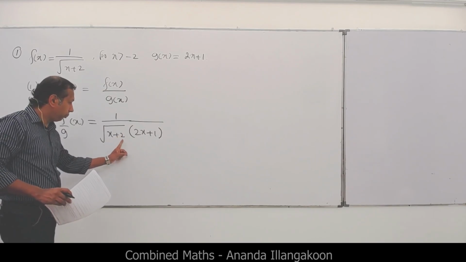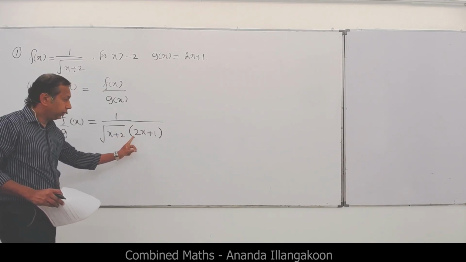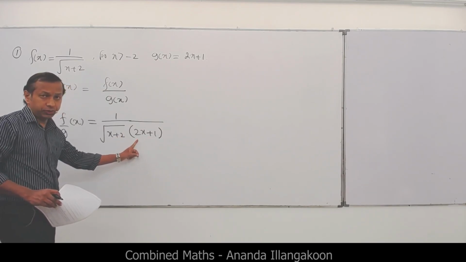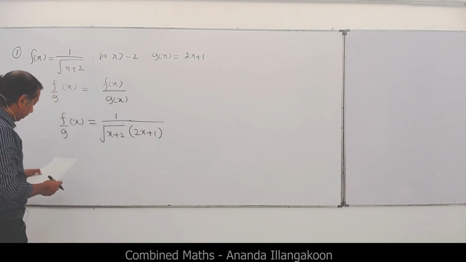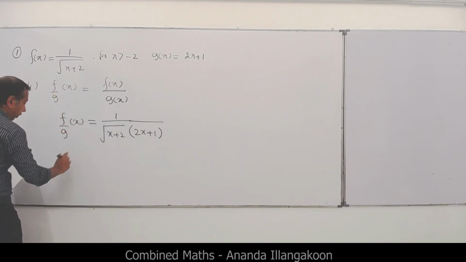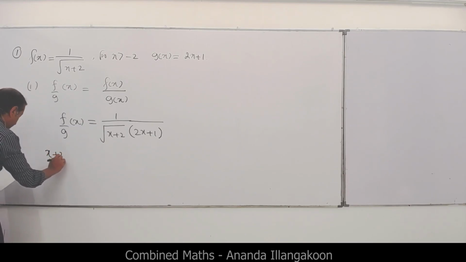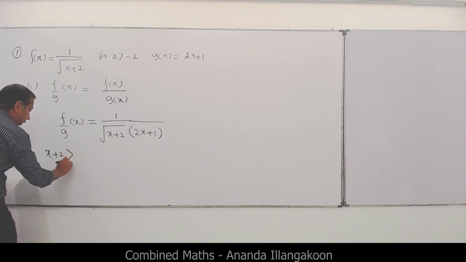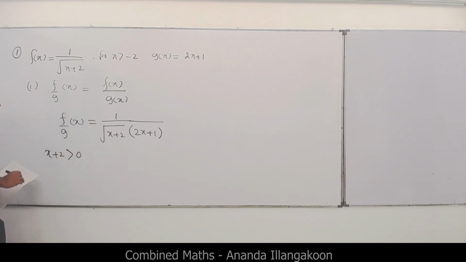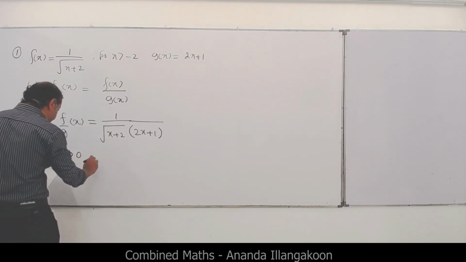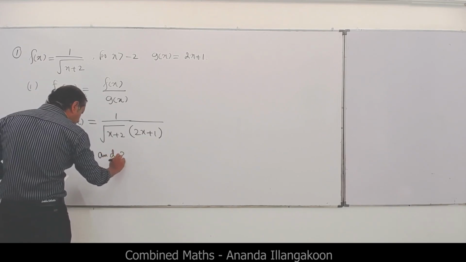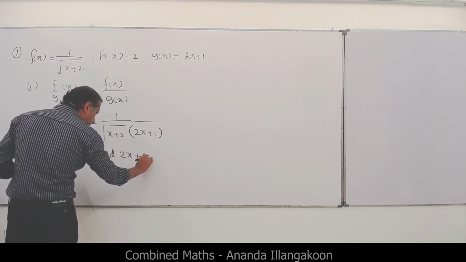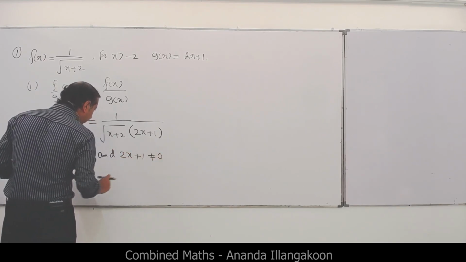Therefore this should be positive, this should not be equal to 0. Then x + 2 should be greater than 0, and 2x + 1 should not be equal to 0.